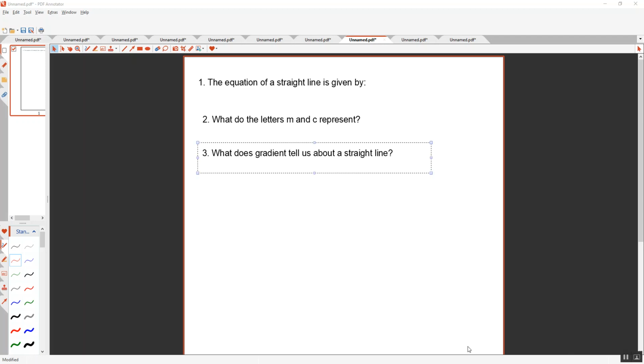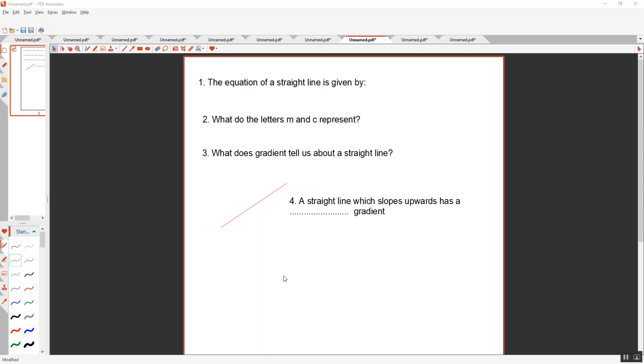Question 3. What does the gradient tell us about a straight line? Question 4. A straight line which slopes upwards has a what gradient? Type in your answer just in the box. Question 5. A straight line which slopes downwards has a what gradient? Again, fill in the box.